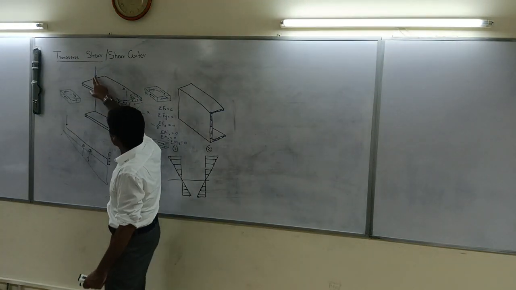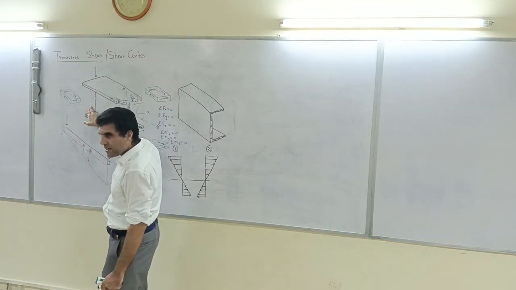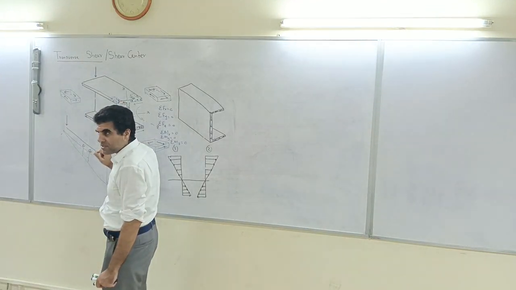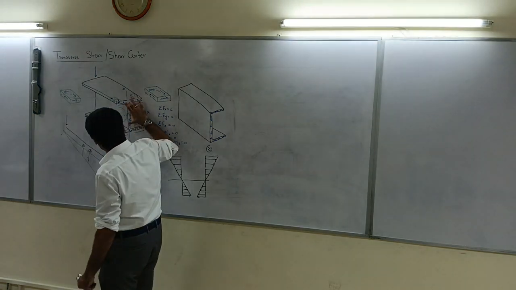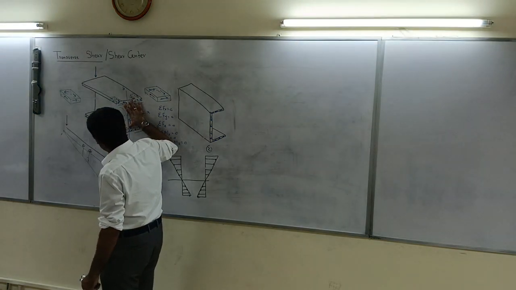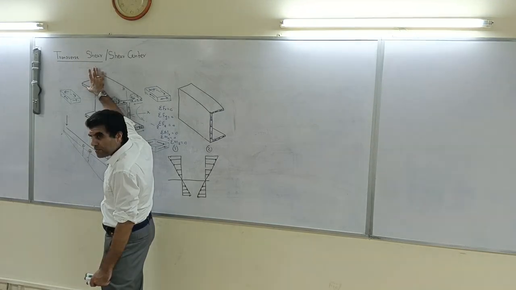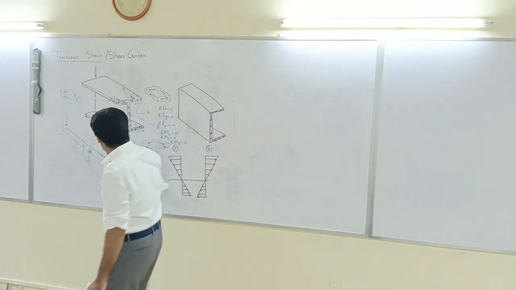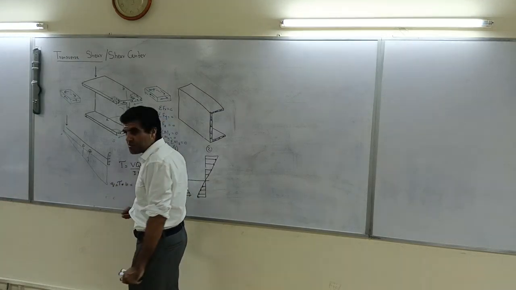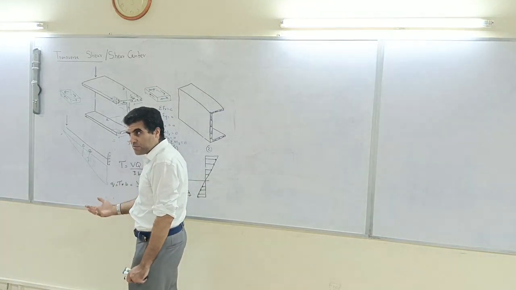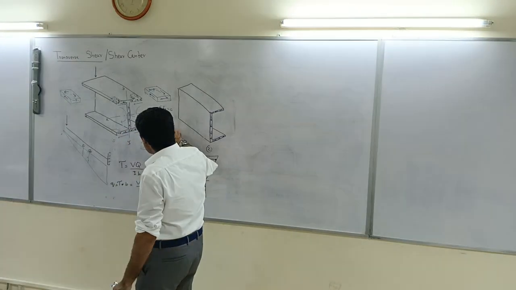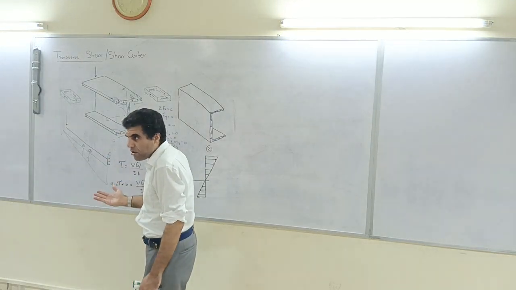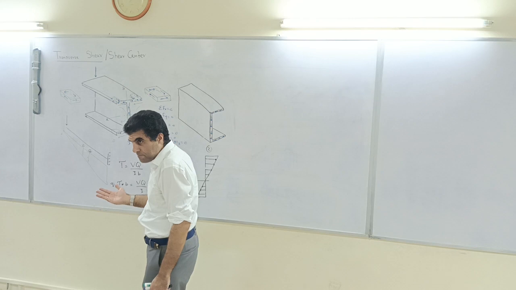Fy is, you have got force in this direction and your shear flow is in this direction. So this force which is over here must be equal to the applied vertical force. So summation of Fy must be equal to 0. Then summation of Fz, there is no force in the z direction, so that is 0 by default. Agreed?